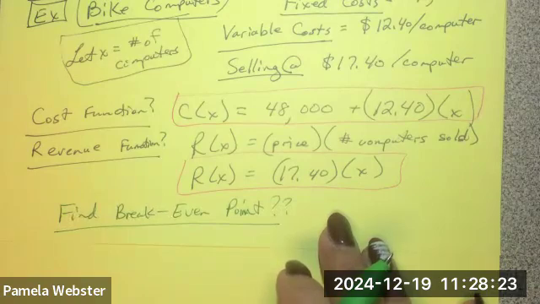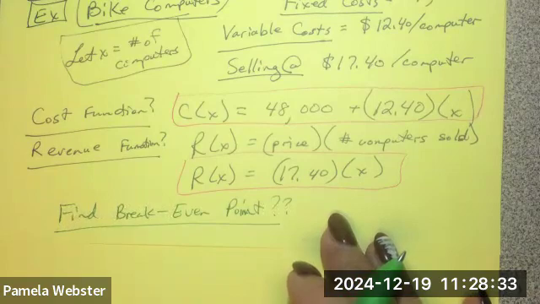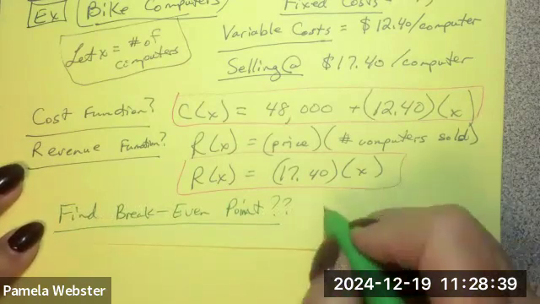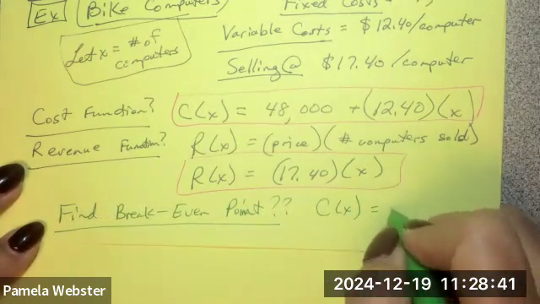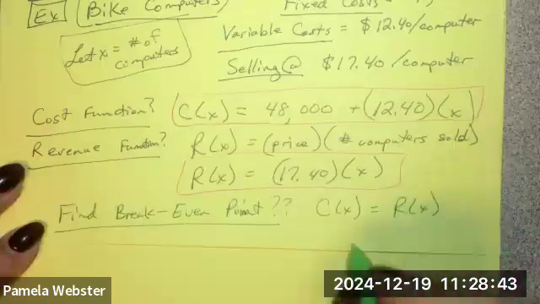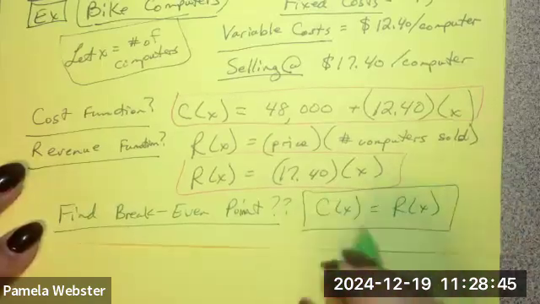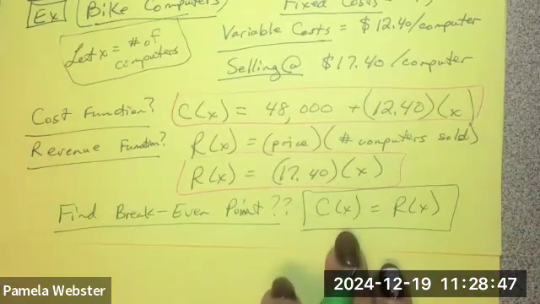It is where I create a certain number of computers and my cost of making them is equal to the revenue I'm bringing in. In other words, I'm not making profit, but at least I'm not losing money. So we find this by saying C of X equals R of X. That's our process for a break-even point.